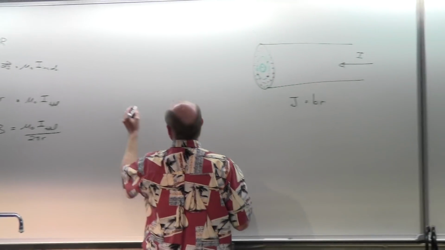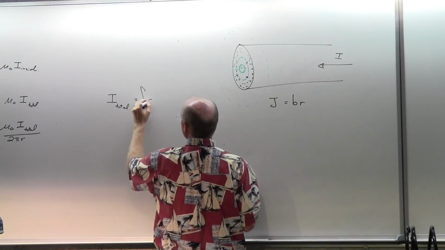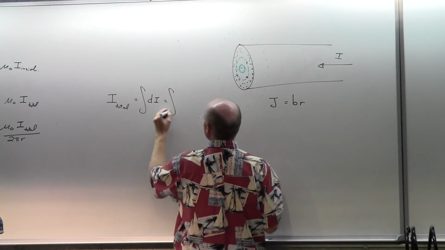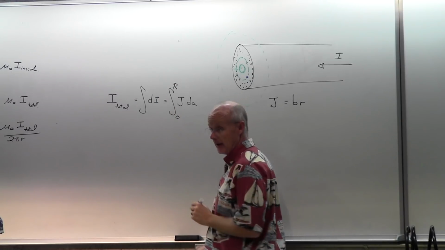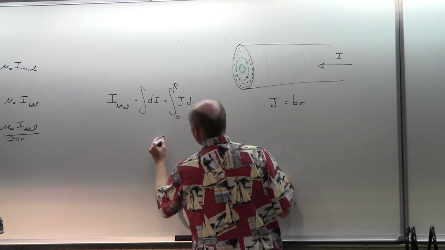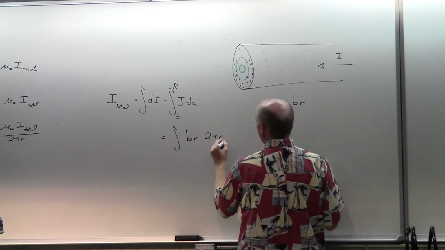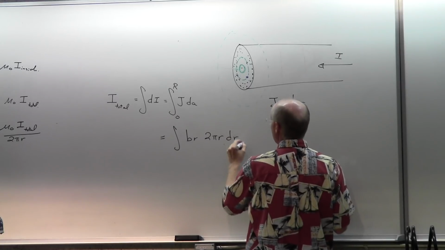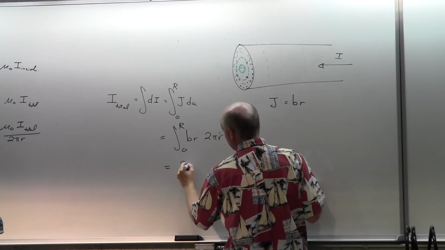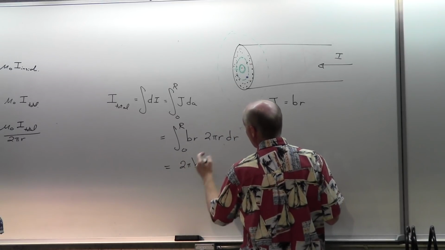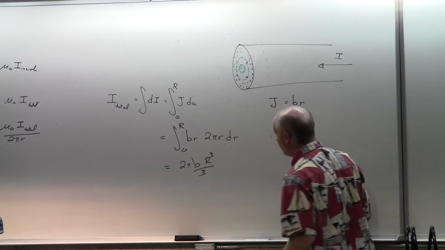It doesn't matter which way I go because I don't think they're very clear on that. But wouldn't the total current then be the summation of the little current, which is the J dA, where we go from 0 to capital R, right? And so the J becomes B r, the dA is 2 pi r dr, 0 to capital R. And so this becomes 2 pi B, r squared becomes R cubed over 3.